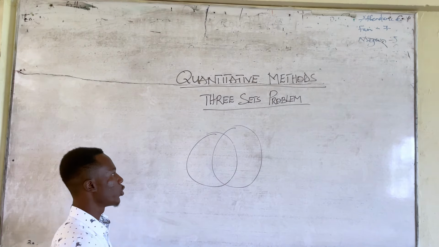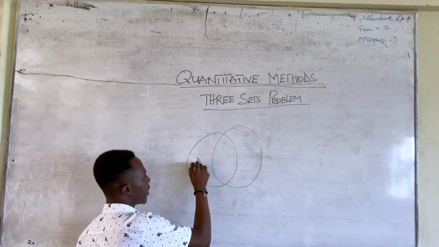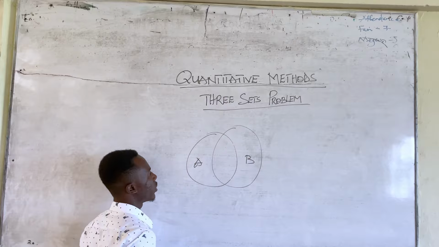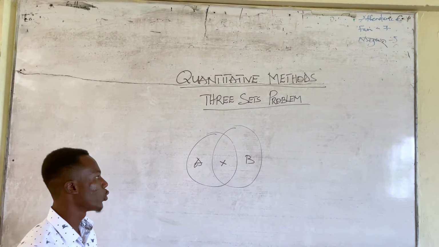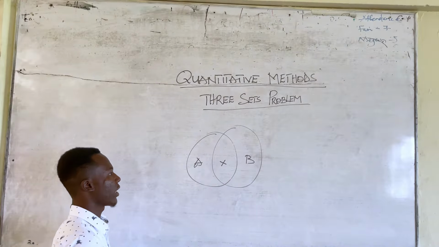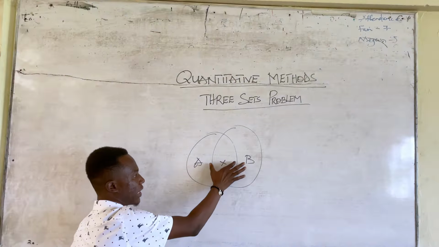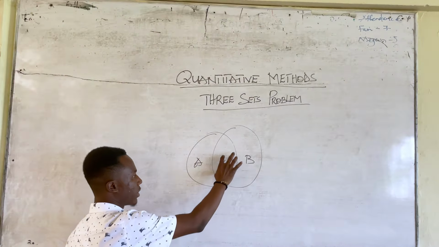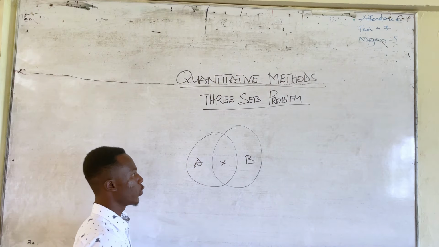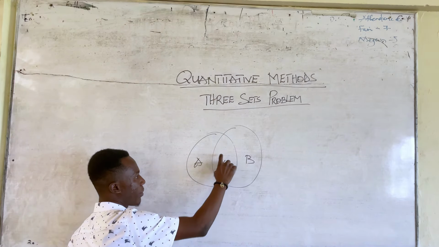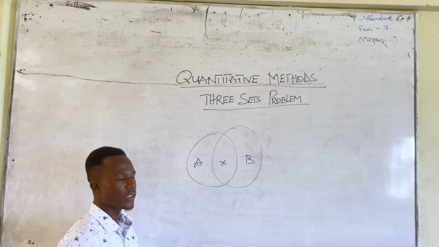Always this part of the set, let's name here A and let's name here B, and let's represent here by X. Most of the time, this middle part where A and B intersect, we call that portion the intersection of A and B. It means some members here are from A and some are from B. Do you get it?